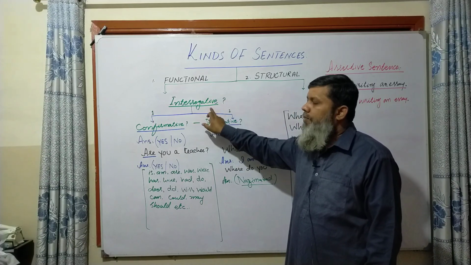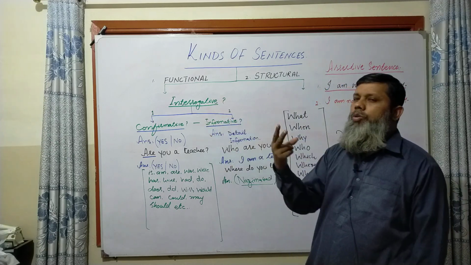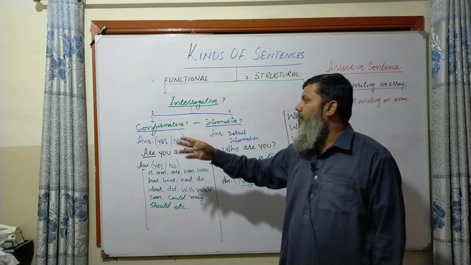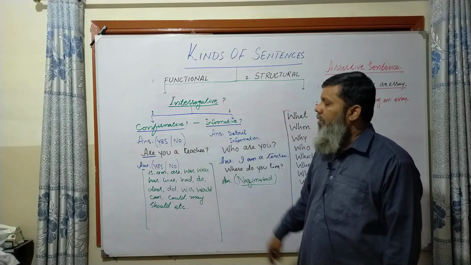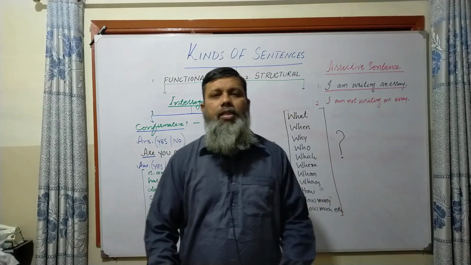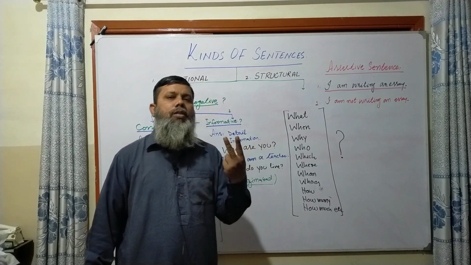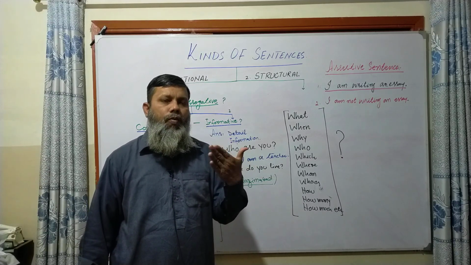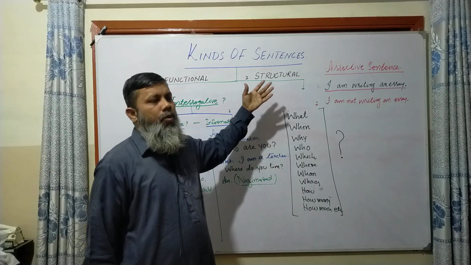Functional sentence type 2 is interrogative, and interrogative also has two big kinds. One is confirmative, the second one is informative. Now we are learning the kinds of sentences. Today we have learned there are two big kinds of sentences, one functional and the second structural.